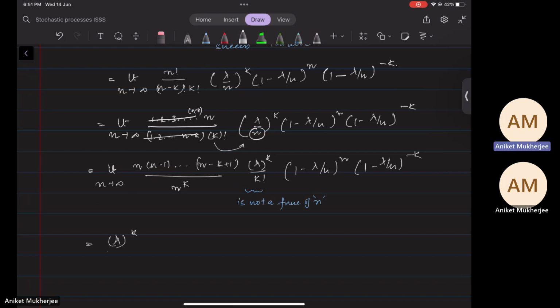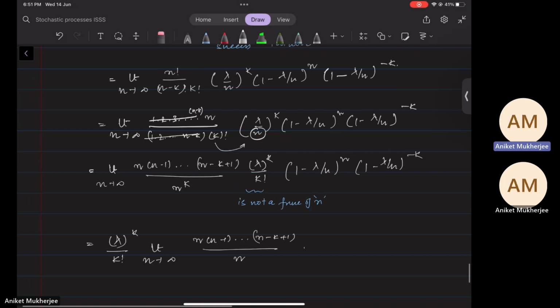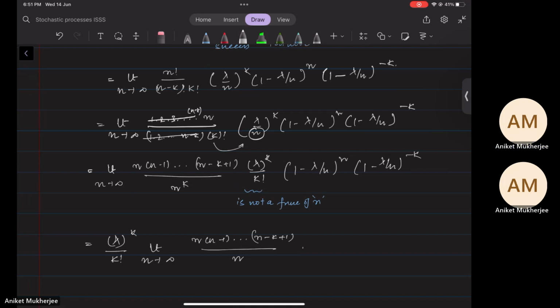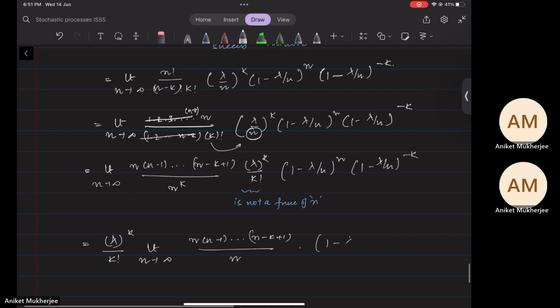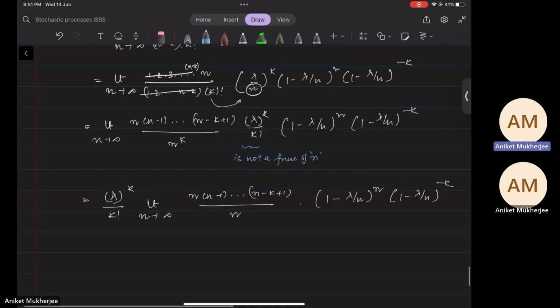It's lambda power k by k factorial, limit n tends to infinity of n into n minus 1 and so on to n minus k plus 1 by n power k, into 1 minus lambda by n whole power n into 1 minus lambda by n whole power minus k. Now let us examine this term, this term and this term.